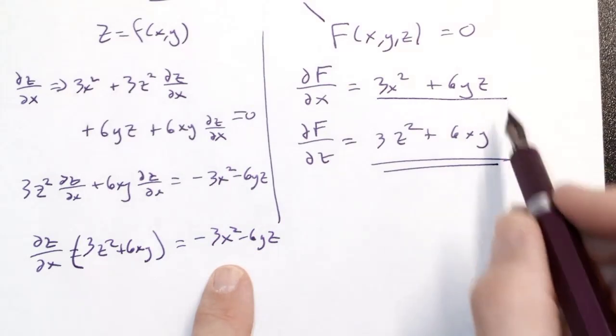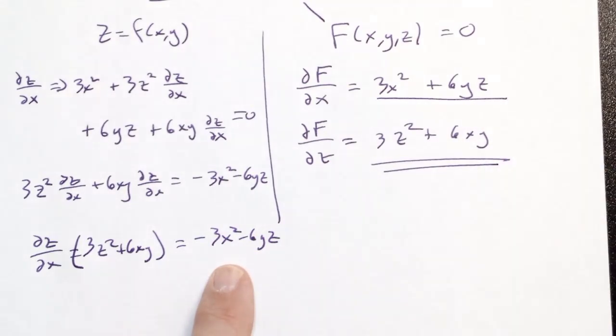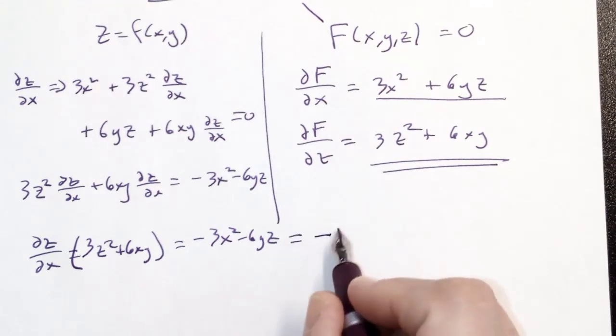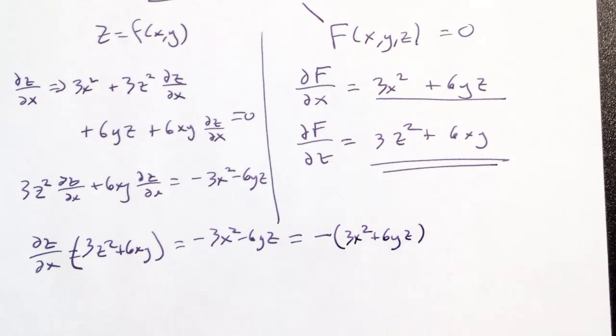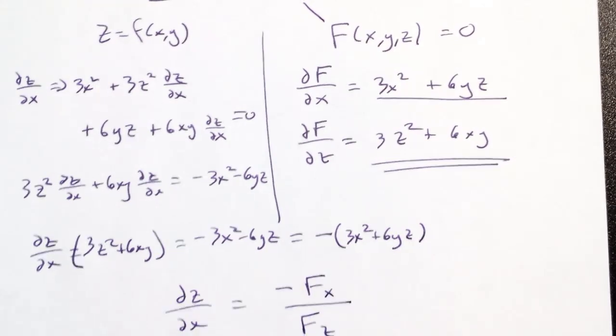That's the negative of that piece, isn't it? To get dz dx, it's minus fx over fz.